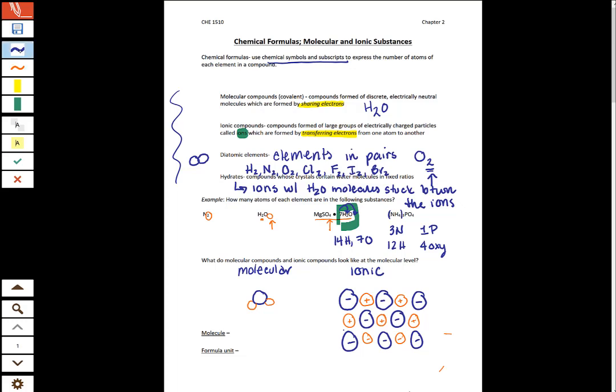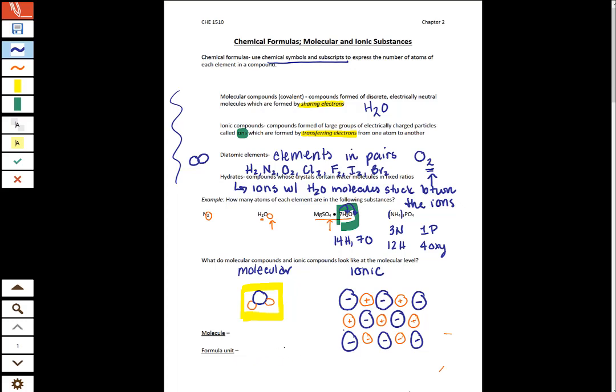So some terminology. When we look at molecular compounds, your molecular compounds have molecules, like this one I just boxed. Molecules are discrete units. Let's think about if you know what discrete means. Discrete would mean that it's its own entity, right? It is these 3 atoms bound together. That is one water molecule.